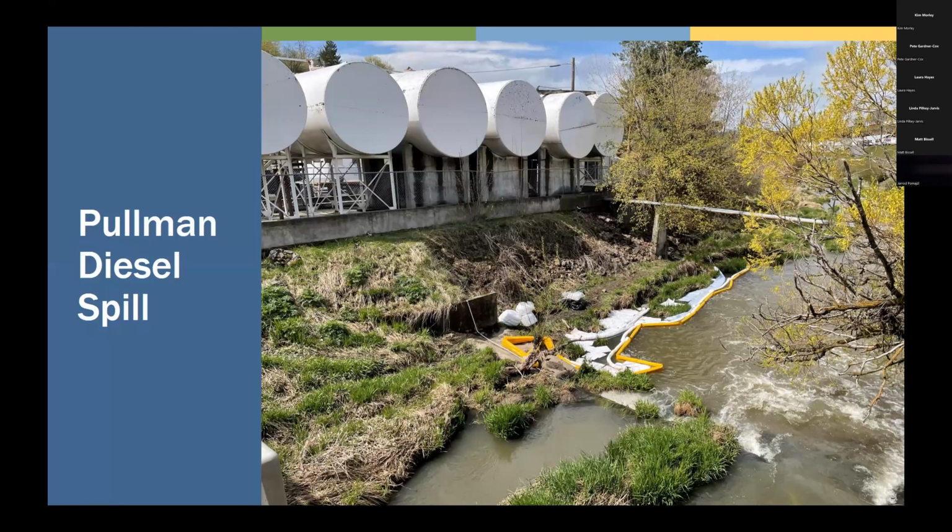Just a quick review of the activities for this one and how they're different. So remember from that earlier presentation, one tank leaked, contaminated soil. They wanted to remove the tanks, remove this piping that crosses a river, remove the sediment. That's pretty much the scope of this project in a nutshell.